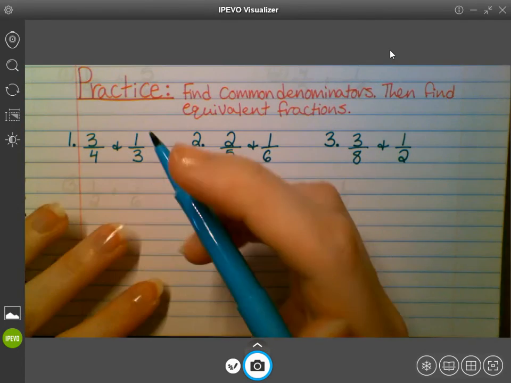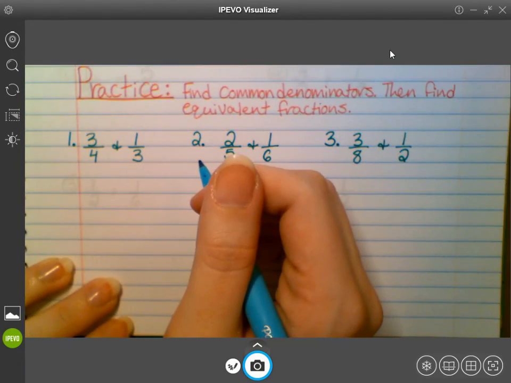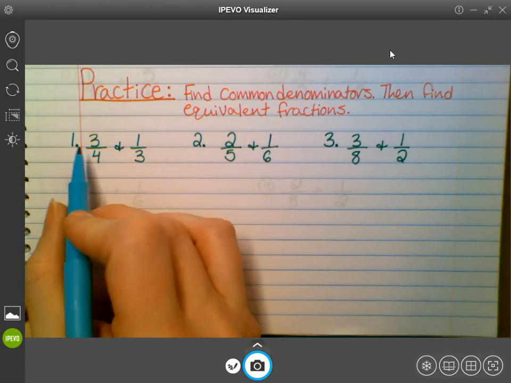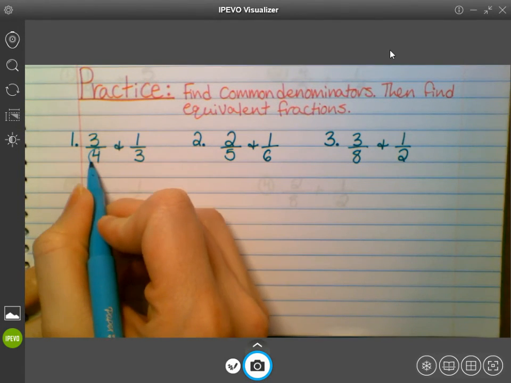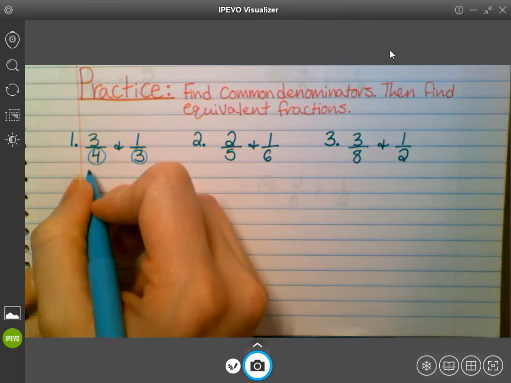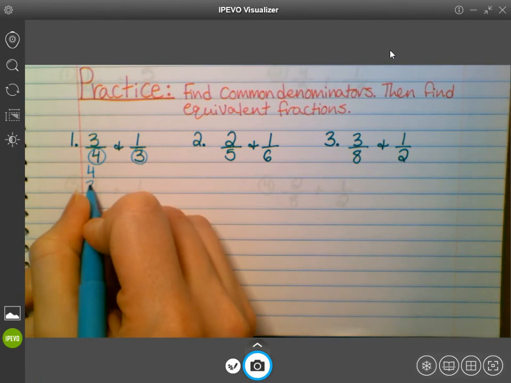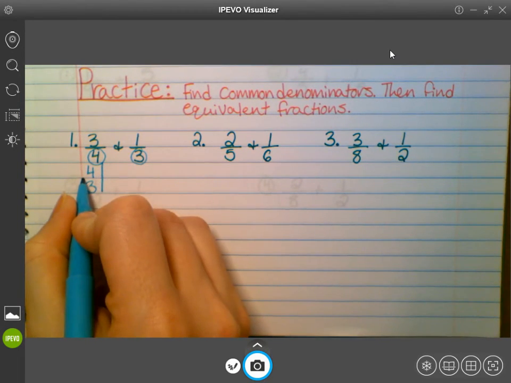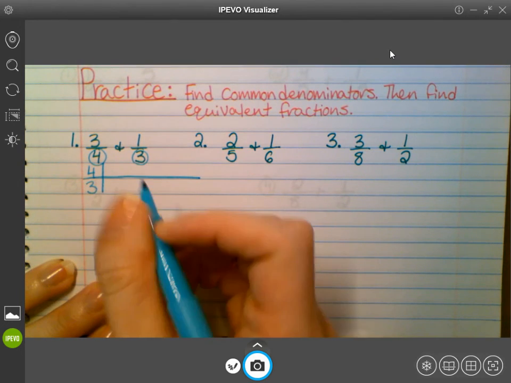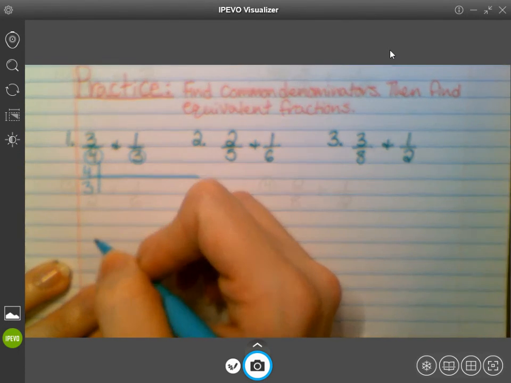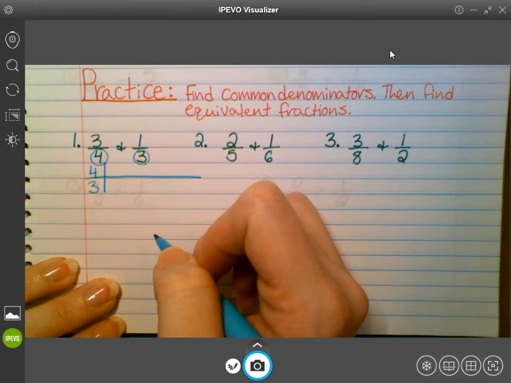So our first step is always to list the multiples of our denominators. So for number 1, our denominators are 4 and 3. So I'm going to make a little chart for my 4 and my 3. Now, I prefer to do it this way. However, some of you may have just listed them down underneath both denominators. That's totally fine.